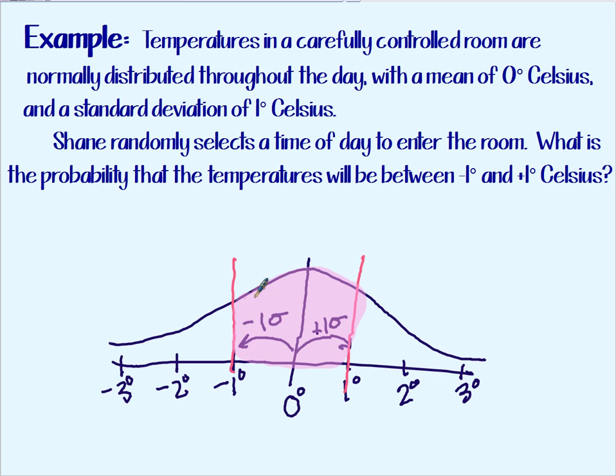Now we know from the empirical rule that everything within that portion of the graph, within 1 standard deviation, is 68% of our data. That means that Shane, any time of day when he enters that room, has a 68% chance that the temperature is going to be between -1 degree and +1 degree Celsius.